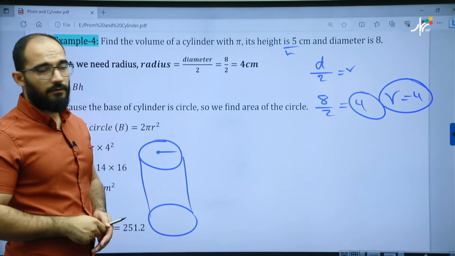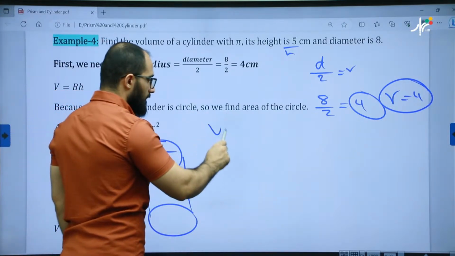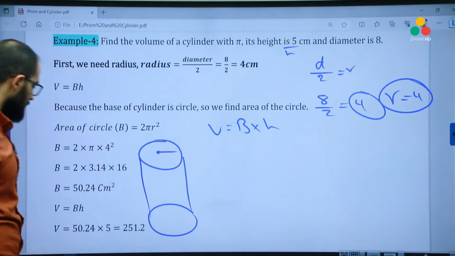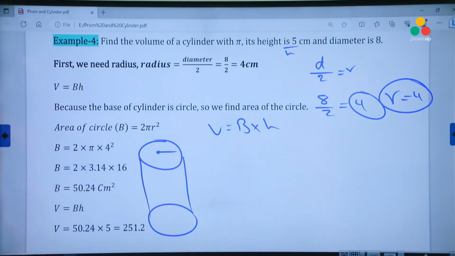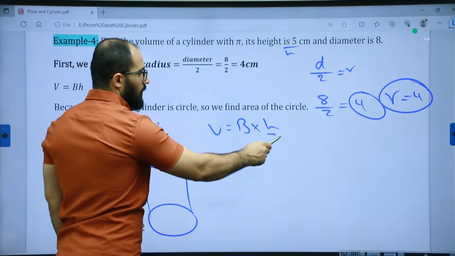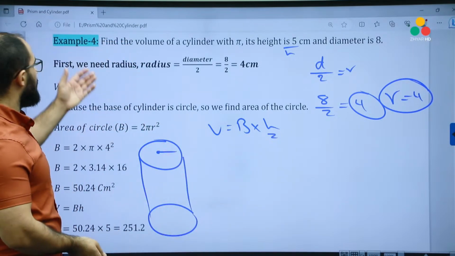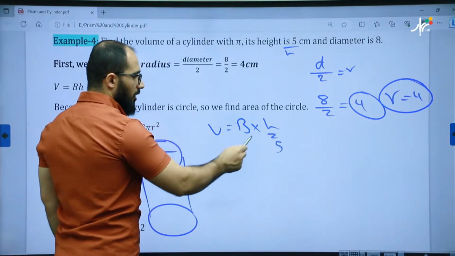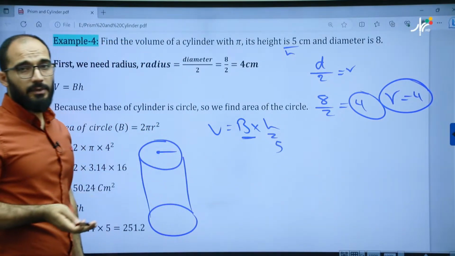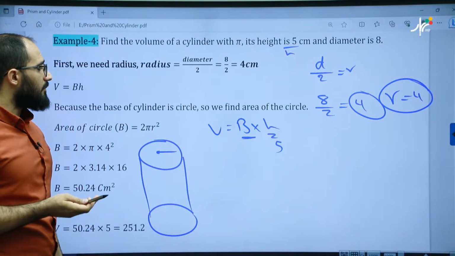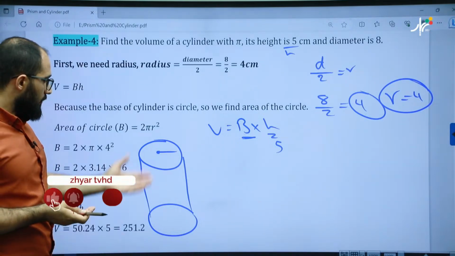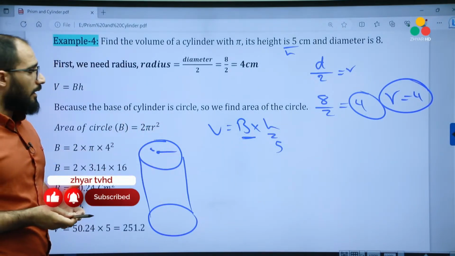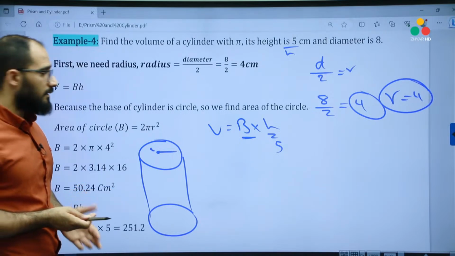So right now we are going to find the volume. V is equal to B times H. We have H. The H is 5. So write down 5. What about B? We are going to find B. B is the base area. The base is a circle. What was the rule of the area of a circle?